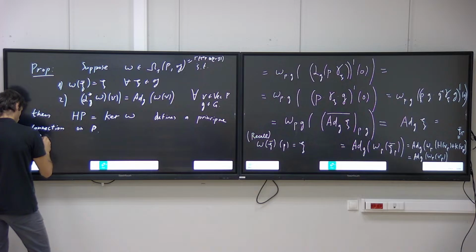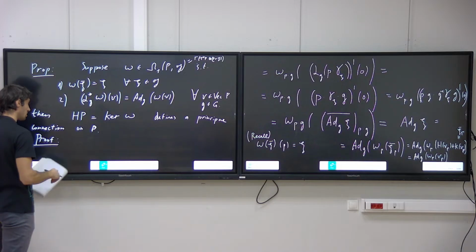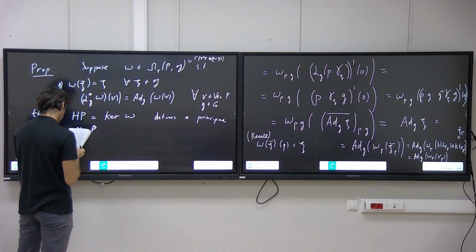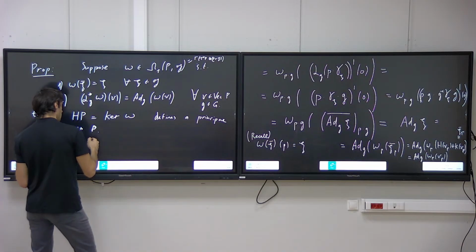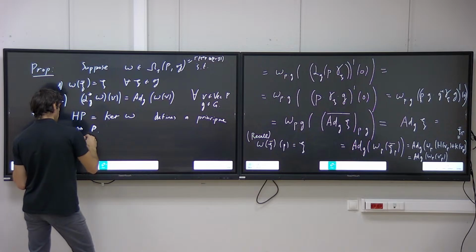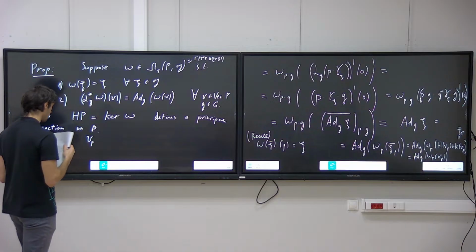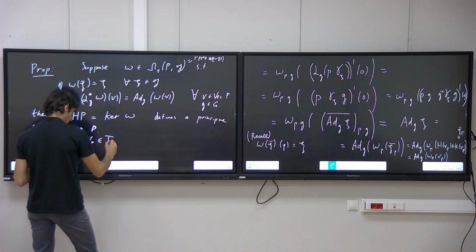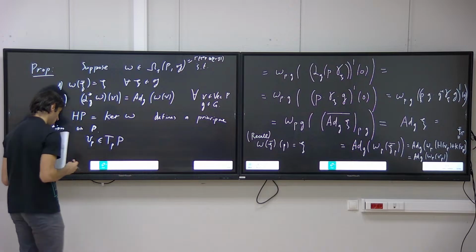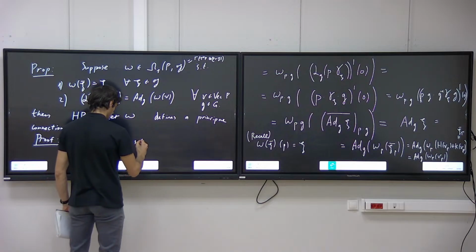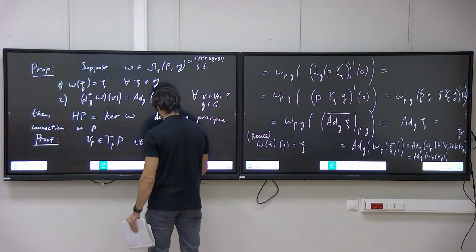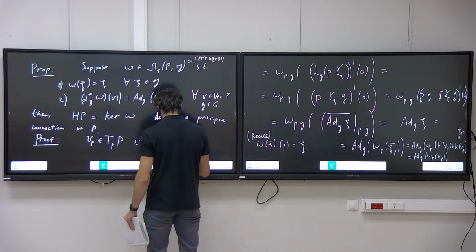Proof? Well, we just need to check this property. So if I take V from my horizontal bundle, so suppose that I take VP from TP such that it's in the kernel, right? So omega P of VP is 0.